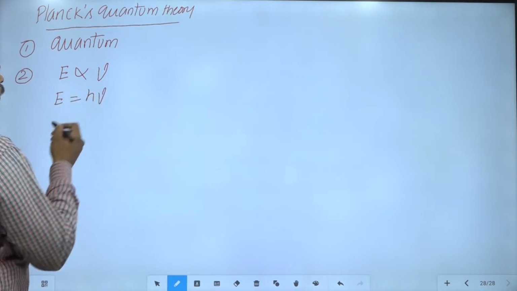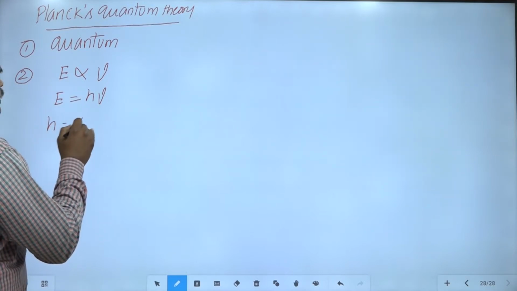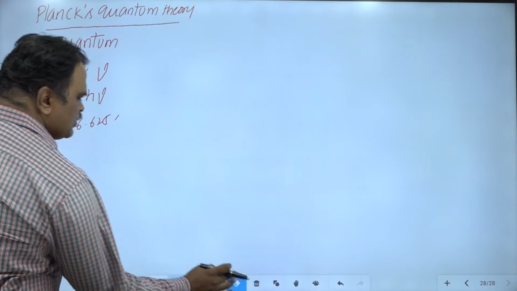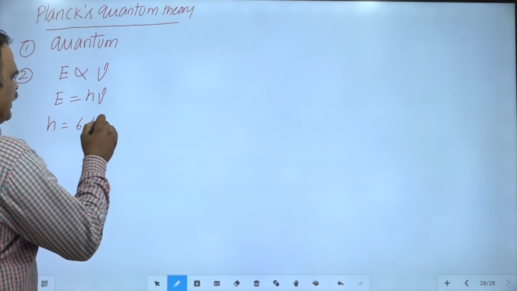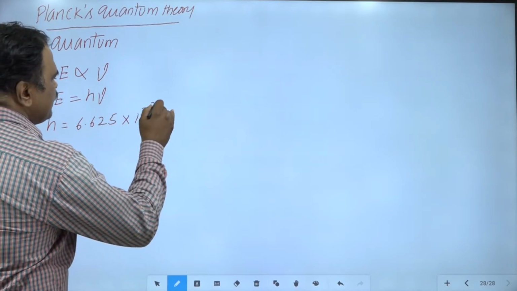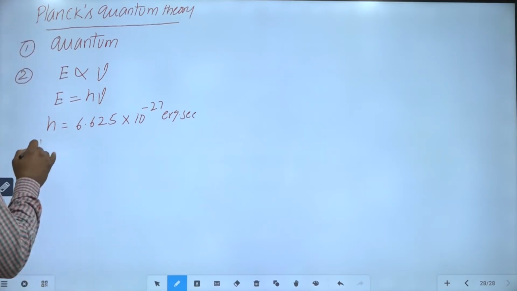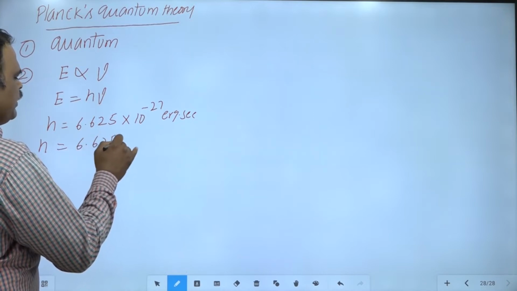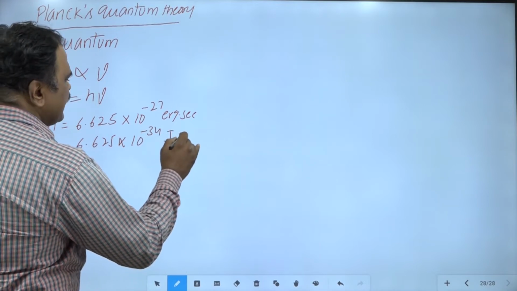Here h is Planck's constant. The value of h is 6.625 into 10 power minus 27 erg second, or h is equal to 6.625 into 10 power minus 34 joule second.